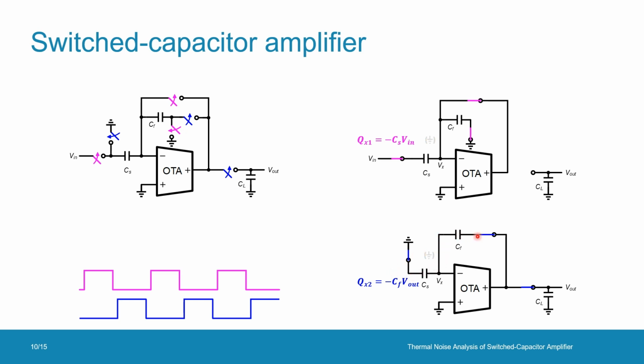So essentially, we transfer the charge CS Vin from CS to CF. As a result, Vout becomes CS Vin over CF, simply a scaled version of the input signal.